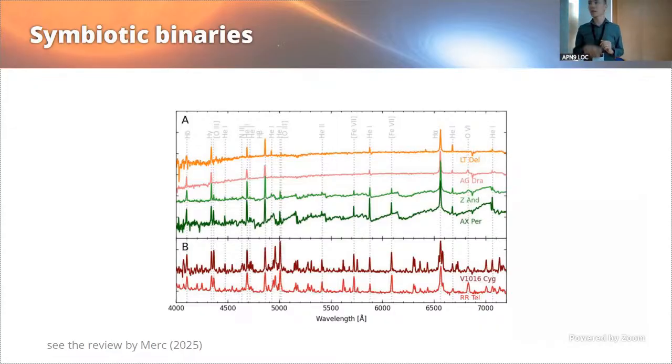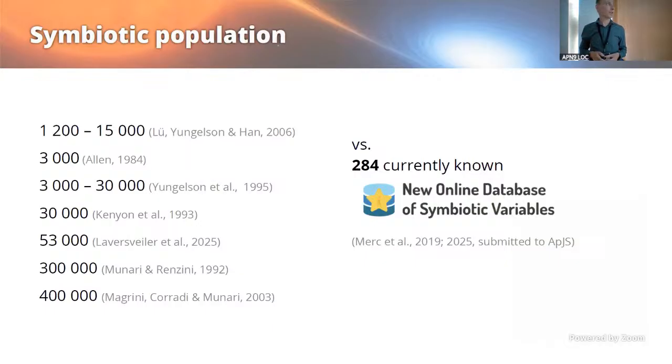Because you have a lot of dust produced by the Mira donor, you don't see any continuum, but you see plenty of emission lines. And for you, working with PNs, this is really something that looks like a PN in the optical spectrum.